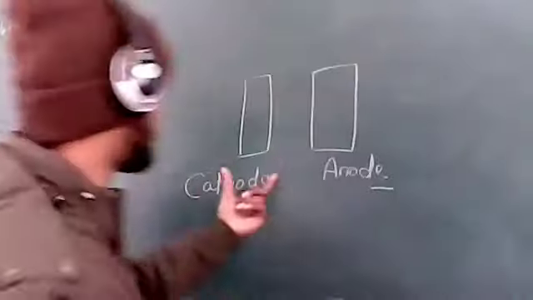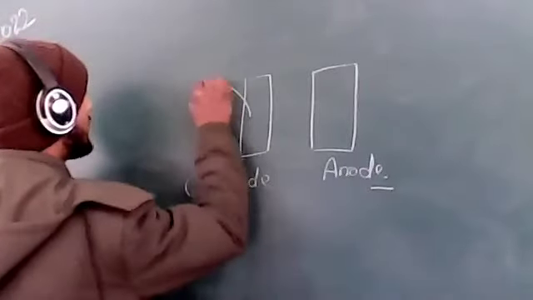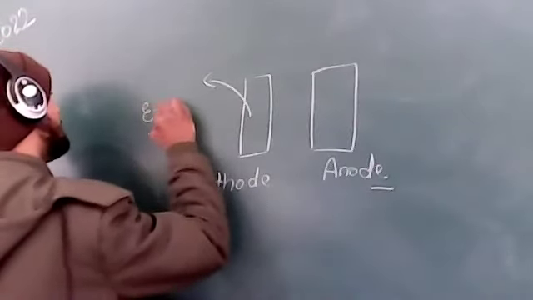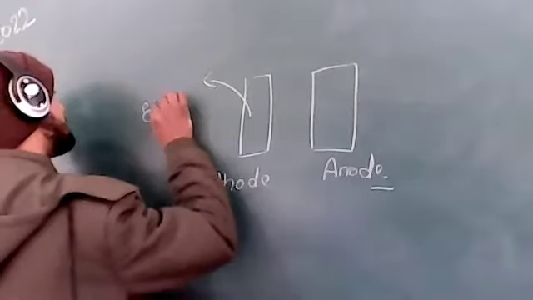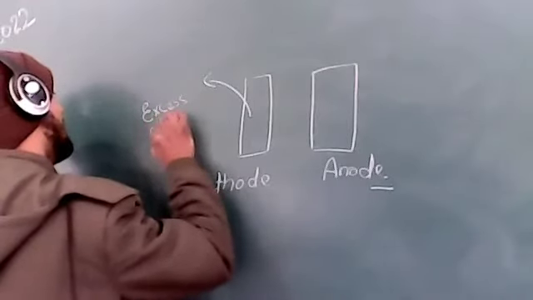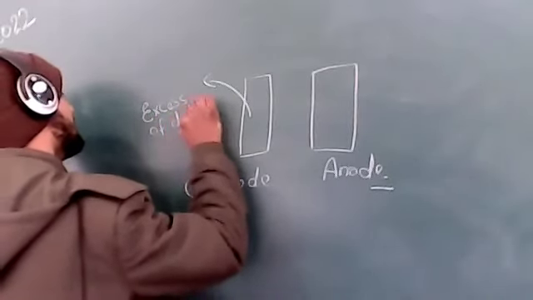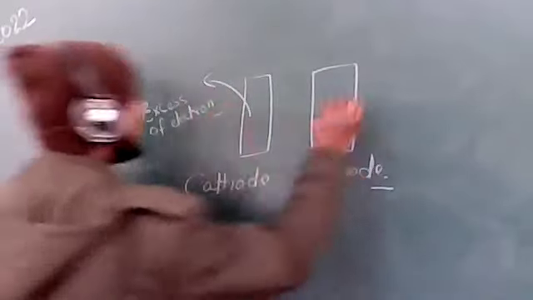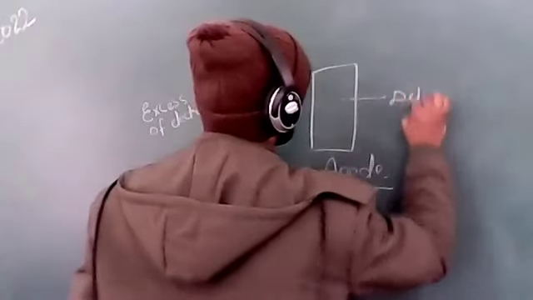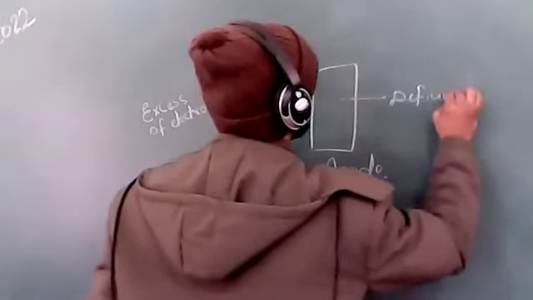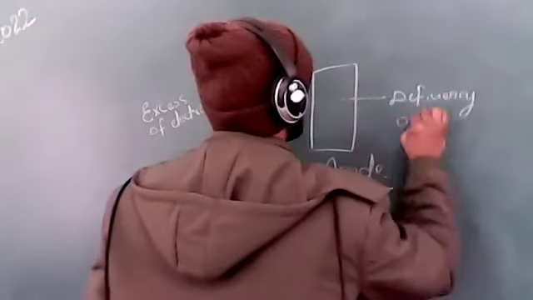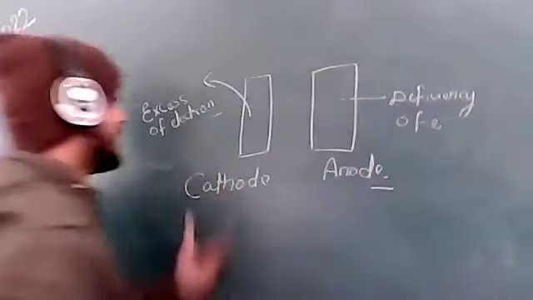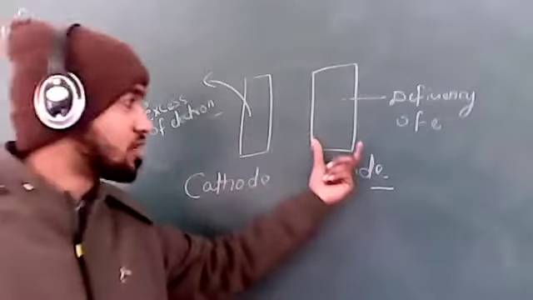Now, where is the excess of electrons? Here is the excess of electrons, on the cathode, and here is the deficiency of electrons. This means here the number of electrons is more, here the number of electrons is less.